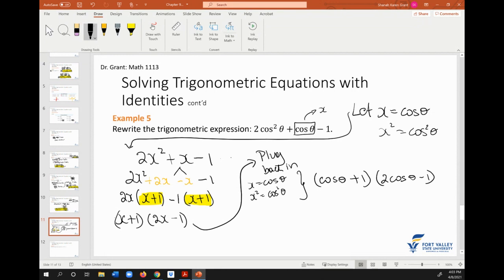When I multiply this back out, then I should get what I started with. So in other words, let me just write this explicitly.